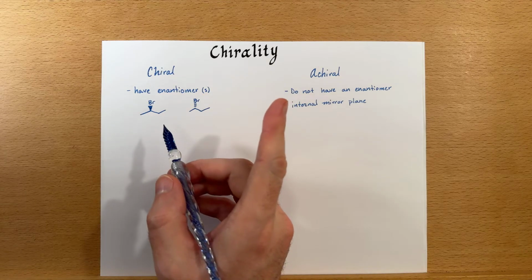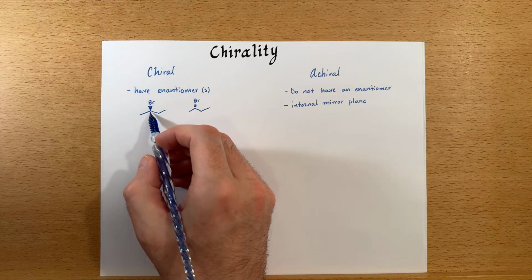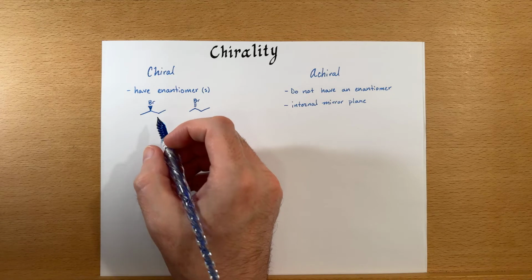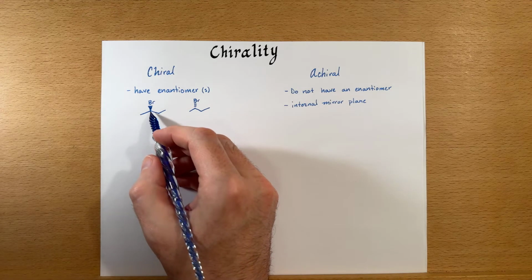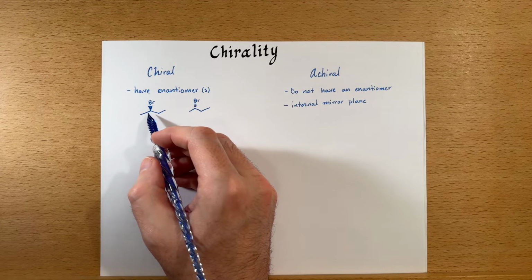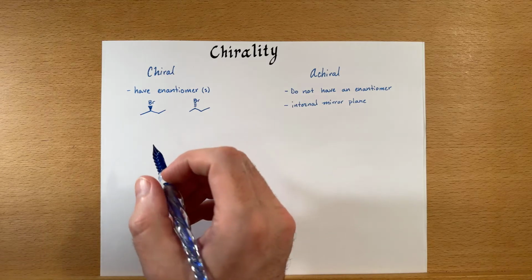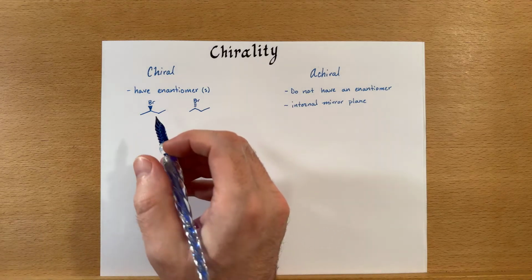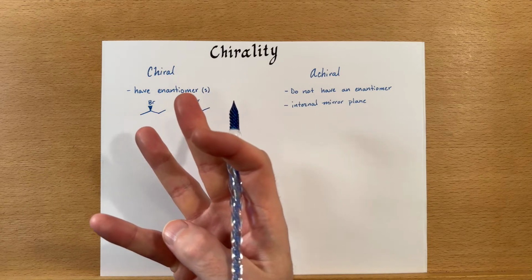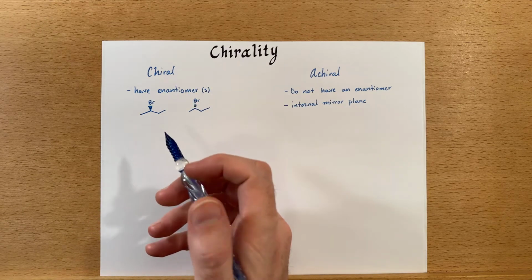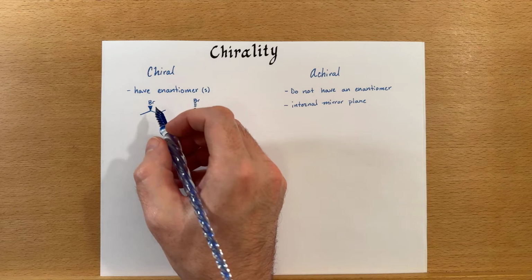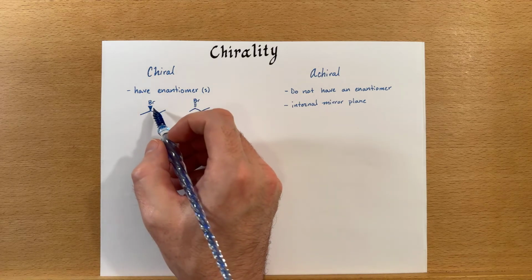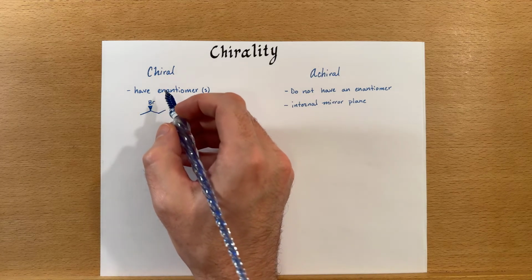Each of them has what is called a chiral center. A chiral center is a carbon or some other atom that has 4 objects around it that are different from each other. And we can look at the 4 objects that are different here.